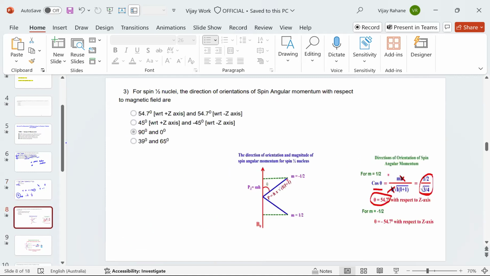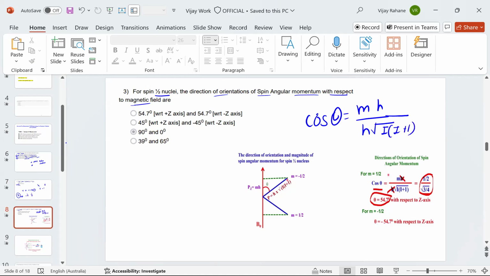The third question is: for the spin 1/2 nuclei, what is the direction of orientation of spin angular momentum with respect to the magnetic field? We have the formula, you can keep it noted: cos theta is equal to m_I h upon h under root I(I plus 1).